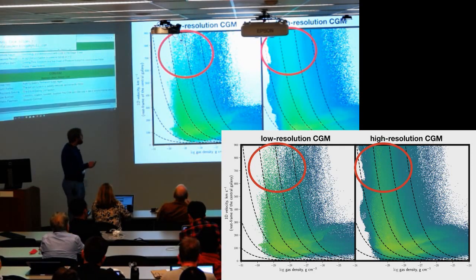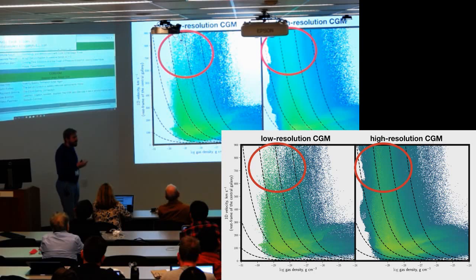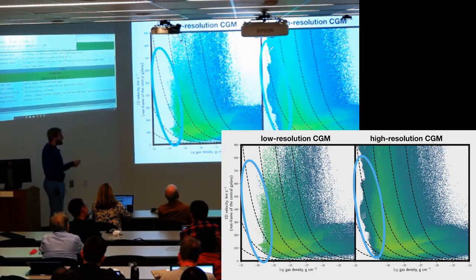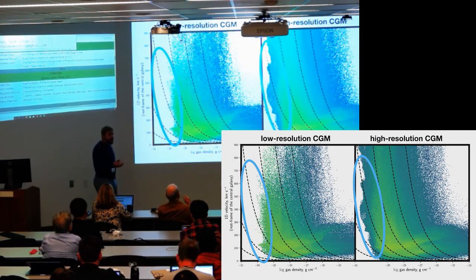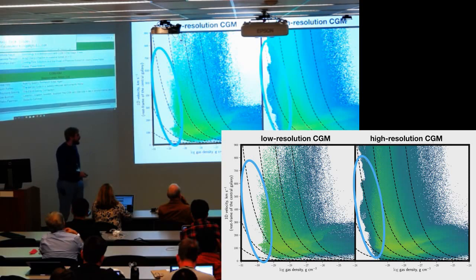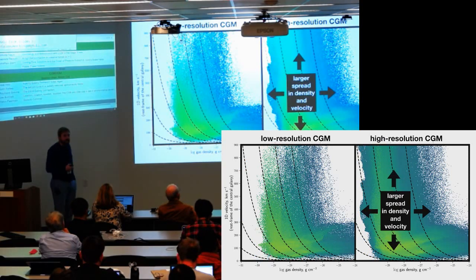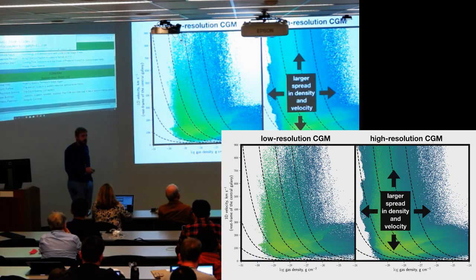So there's a lot more volume that is at high velocity, and that will contribute a lot more to the ram pressure. By the same token, there's a lot more volume at lower gas densities and lower velocities. So it's a trade-off. So the larger spread in density and velocity translates to a larger spread in ram pressure.